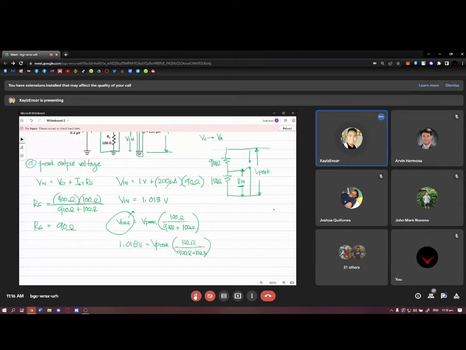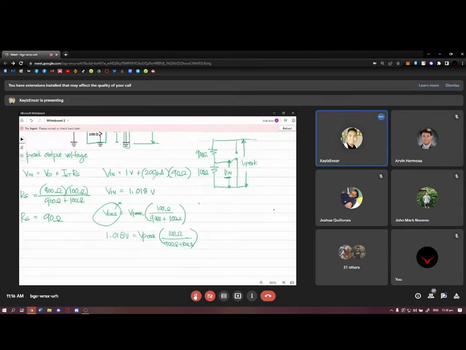So therefore, ano yung V peak natin? Ano yung peak output voltage natin? I-manipulate nyo na lang yan. Ilan yan?